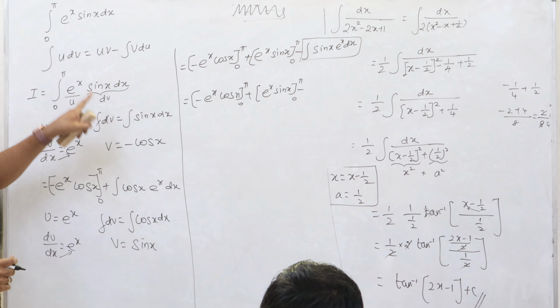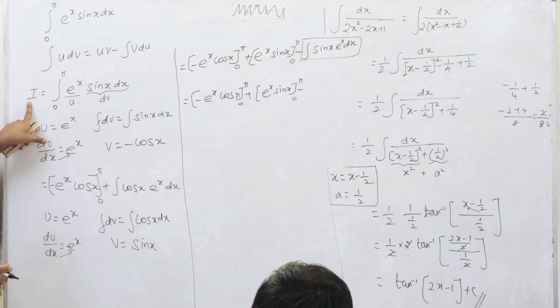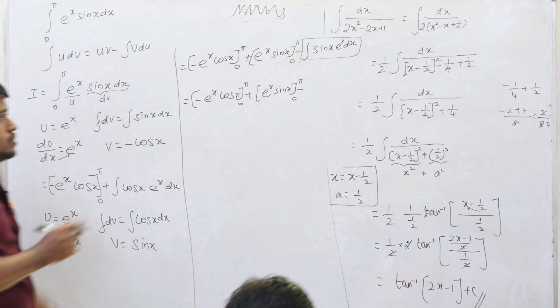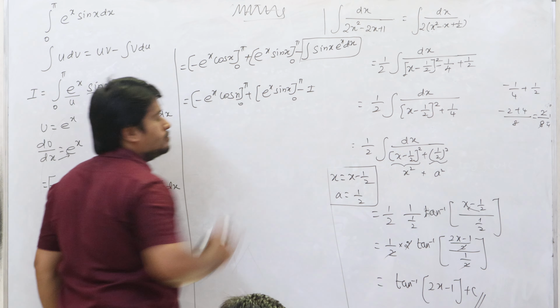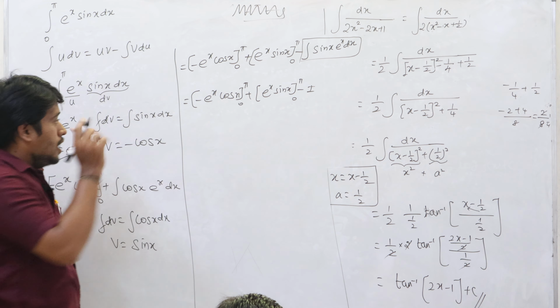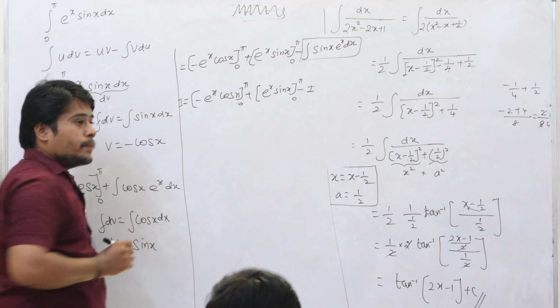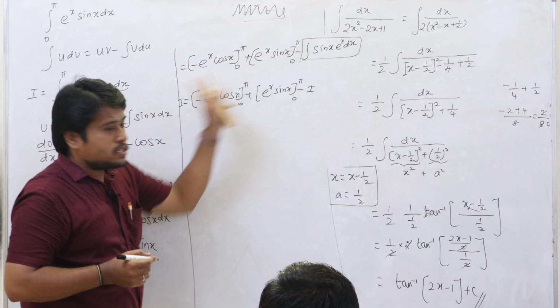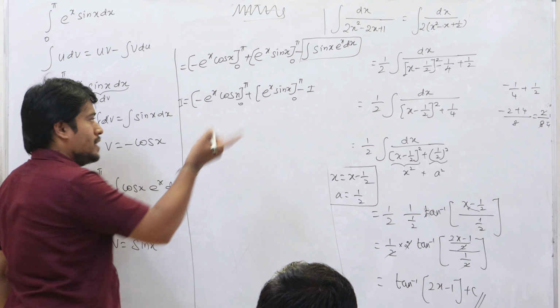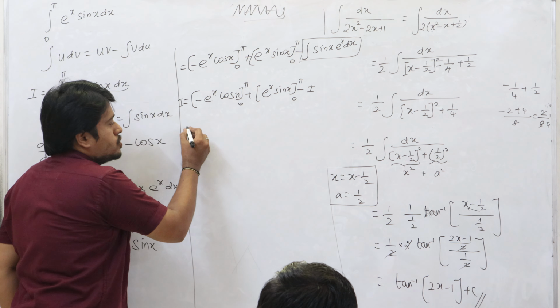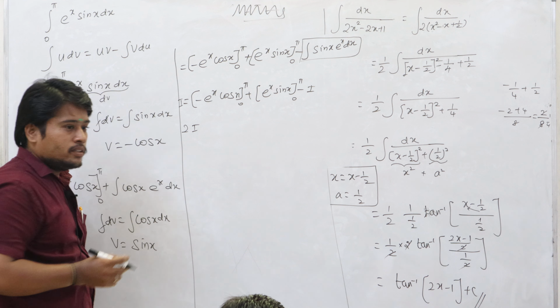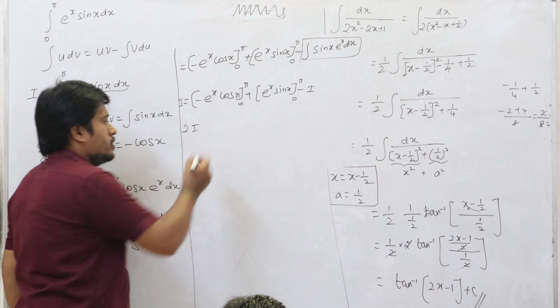So the given problem you can consider as I. So we have to substitute I. The left hand side already has one I, so just move this to the left hand side: minus I replaced, plus I. So I plus I we get 2I. That's it, the left hand portion is over.